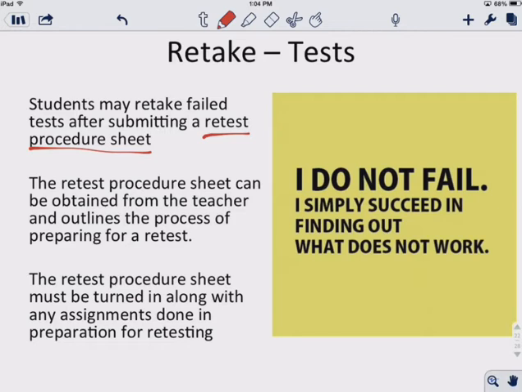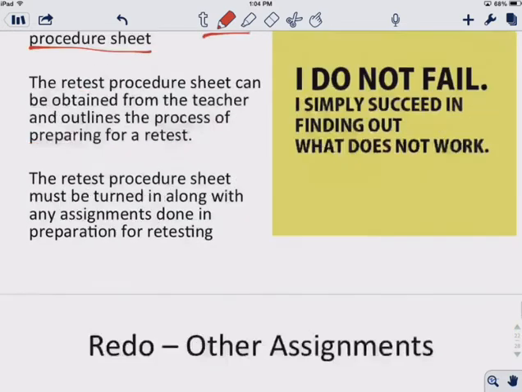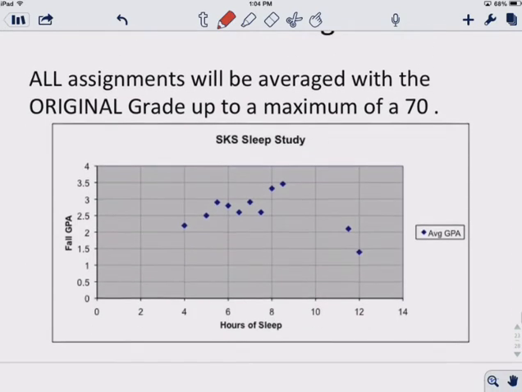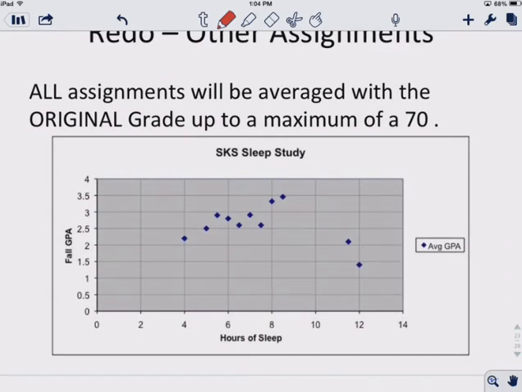So please be aware that if you do not have success on a test, there is a process for retaking that test, but I expect that you put some effort in to show me that you are ready to take the test the second time. As per district policy, all assignments will be averaged with the original grade, and you can earn up to a 70.